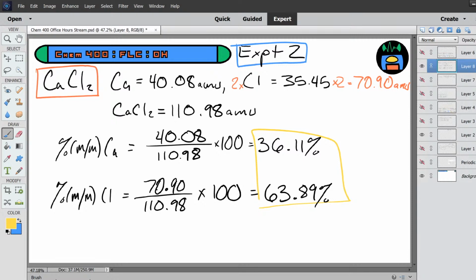Logan, here's what I would say. It totally depends on the sig figs of the atomic masses that you're using.